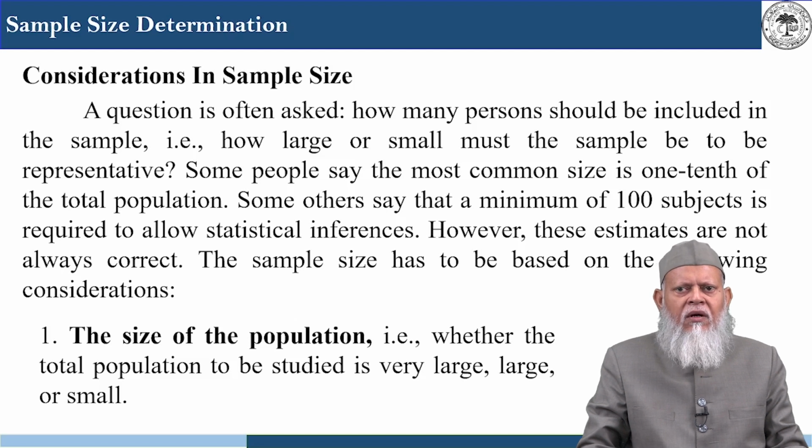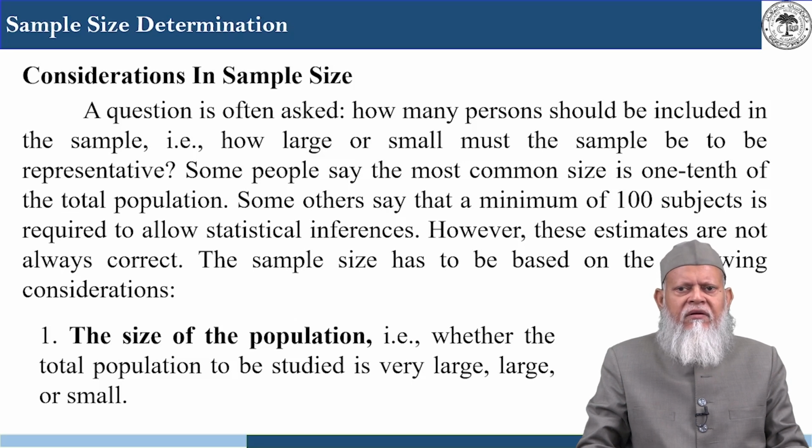As we are already aware, the sample has to be taken in such a way that it is representative of the characteristics of the whole population, because the findings and conclusions arrived at by working on the sample are generalized for the whole population, and this is why it is a very serious issue.